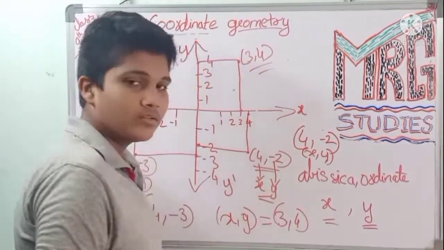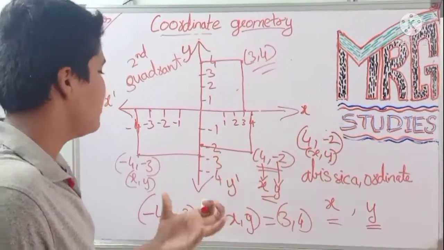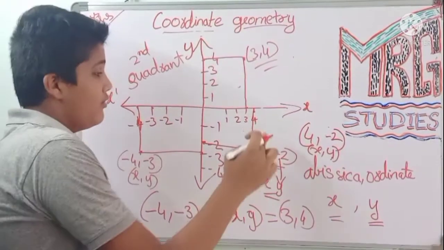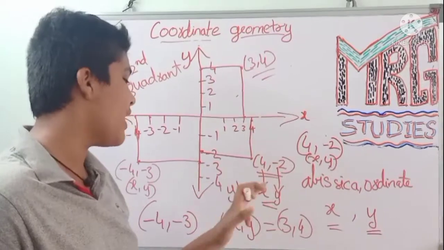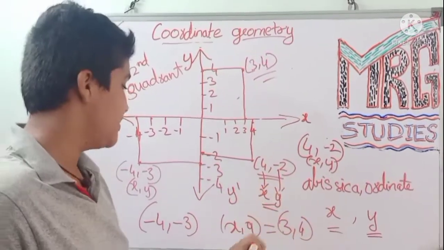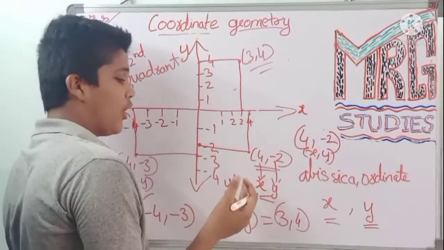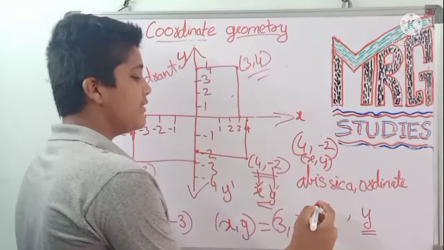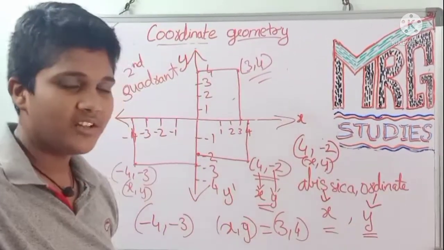So when they give you numbers, you should find the first number on the x-axis, and this minus 2 we should find on the y-axis. So now we have got the answer 4 comma minus 2. For x we call it abscissa, for the ordinate we call y. Okay friends, I think you understood.